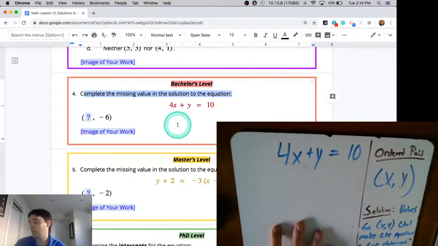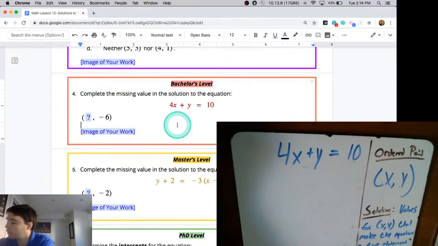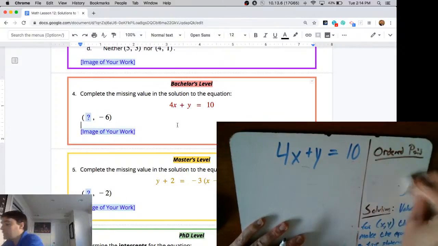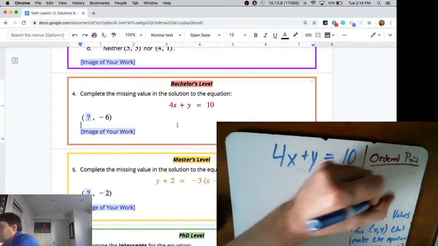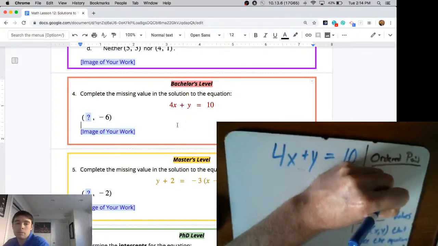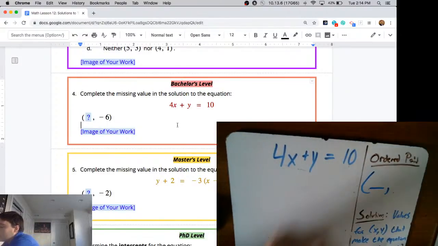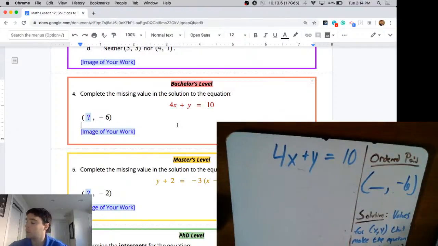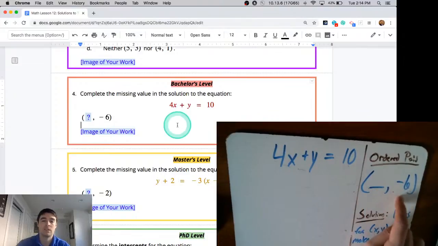And the ordered pair that they ask us to complete has a blank number where the x would normally be, and a negative 6 where the y should be. So here, the ordered pair they want us to complete says we don't know what x is yet, but y needs to be negative 6.